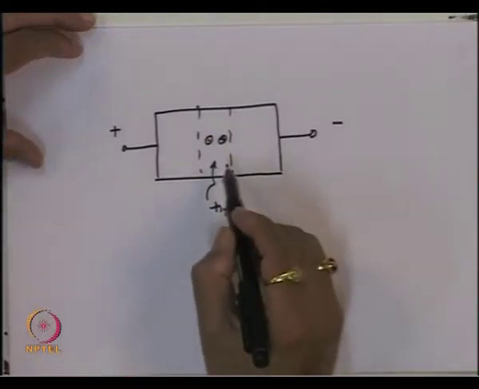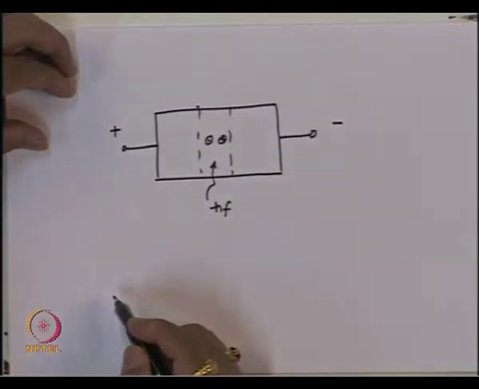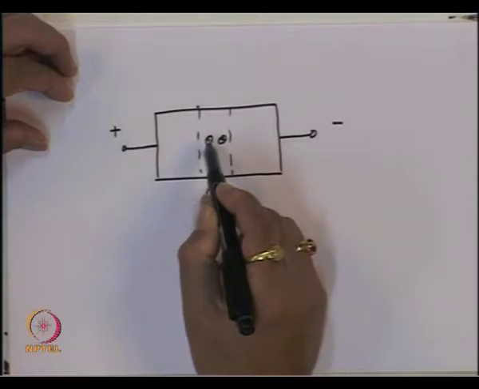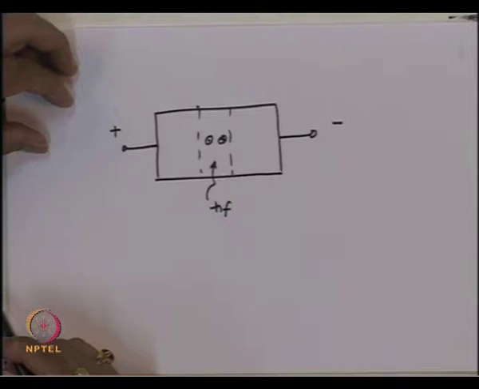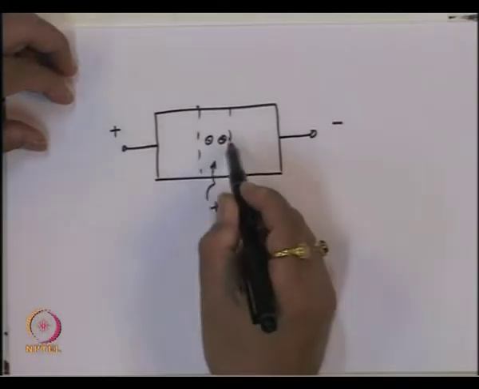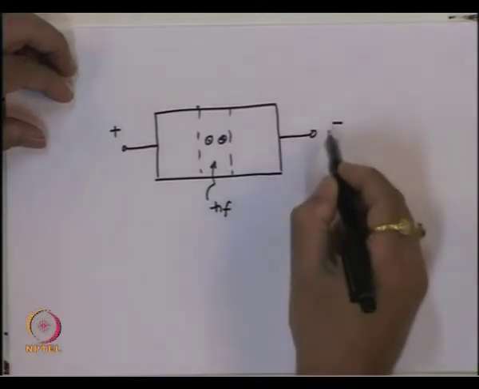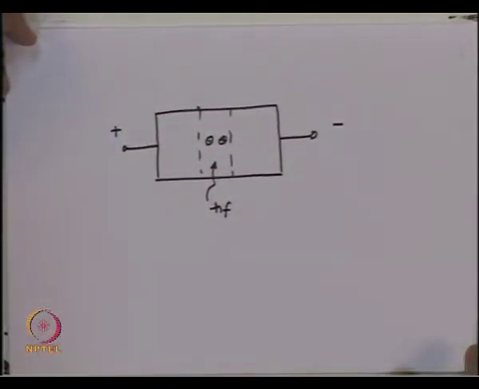So, the first thing to note here is that the current which flows in the external circuitry should be only due to the electron hole pair which is generated because of the incident photon. If there is no generation of this electron hole pair, then there should not be any current flow in the external circuitry.